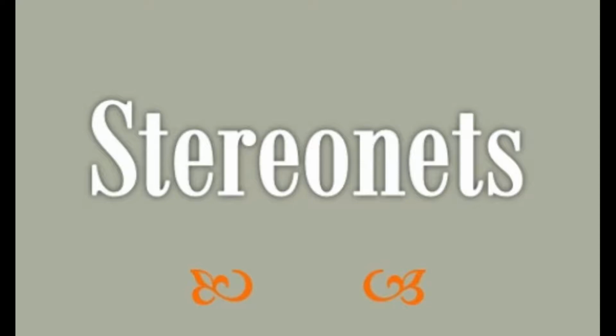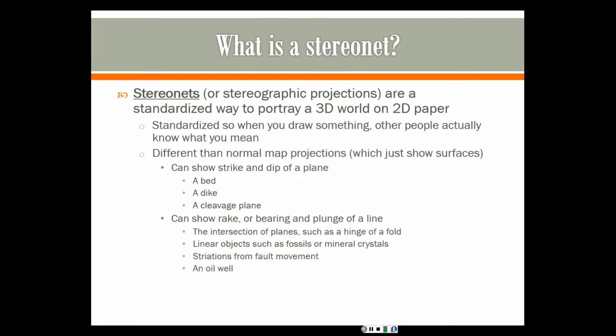So stereo nets. What they are is a standardized way to portray a 3D world on 2D paper. Different than maps, because a basic map is just a surface, the surface of the Earth usually, on a flat piece of paper. This is something inside the surface, usually.